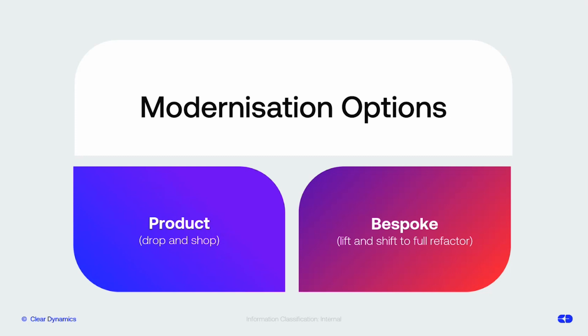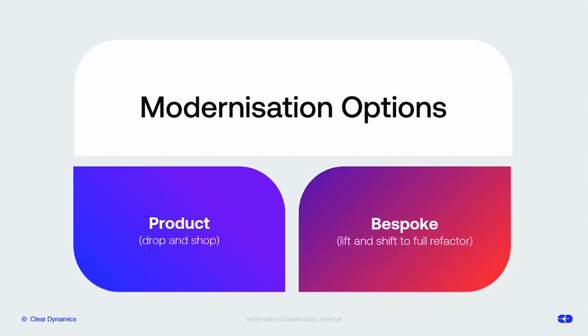This might be a partial refactor, a full refactor, or some kind of bespoke build from scratch. There's nuance inside these two options, but primarily your options in market will sit in one of these two buckets.